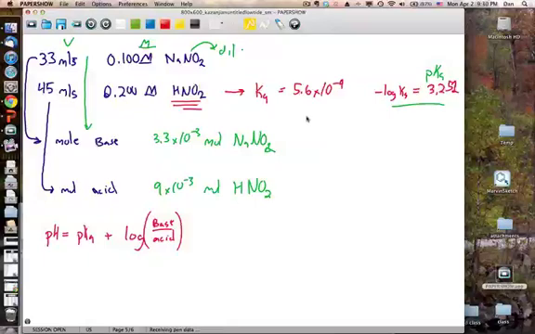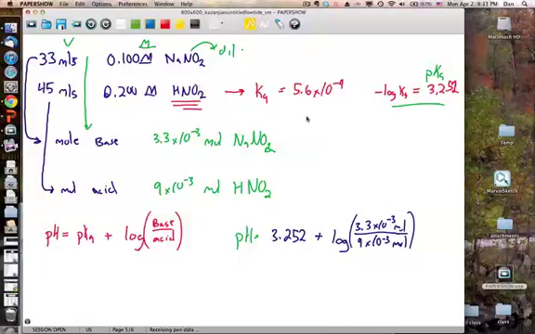And so the pH will equal the pKa, 3.252, plus the log of the base, 3.3 times 10 to the minus third moles divided by 9 times 10 to the minus third moles, to give us this ratio, 0.366.